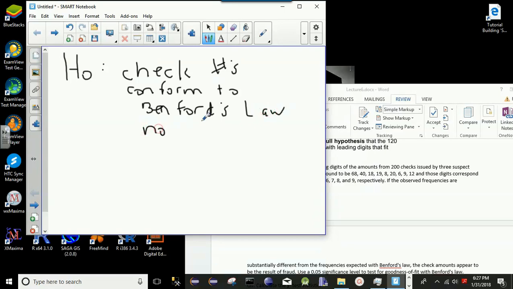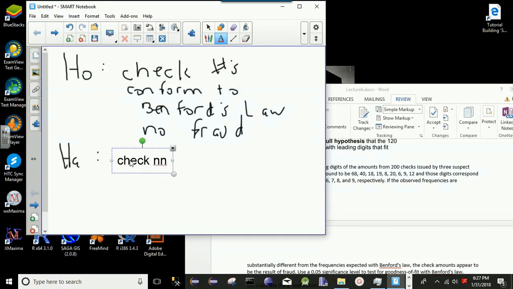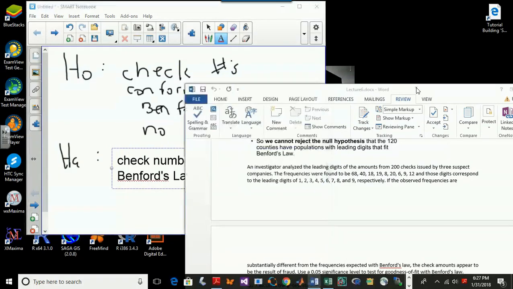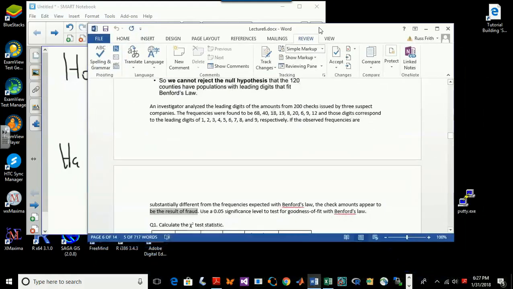And then the alternate hypothesis is that check numbers do not conform, and there is fraud. So if we fail to reject the null hypothesis, there's no fraud.